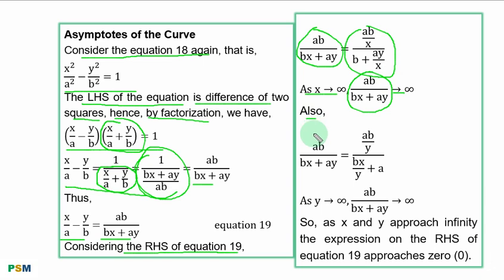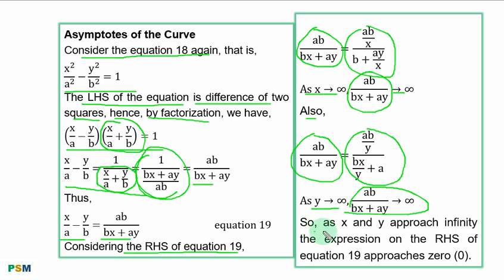Also, you come here again, the same right hand side, divide each term by y. You have it in this form. As y tends to infinity, the right hand side of equation 19 also tends to infinity.